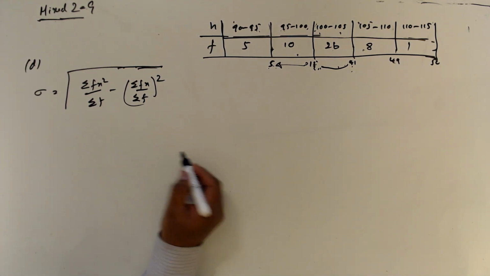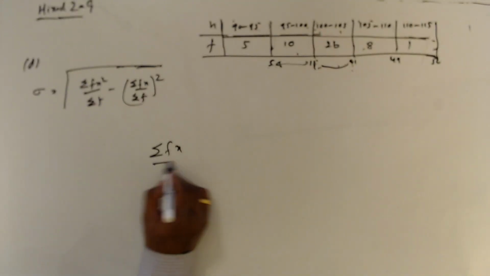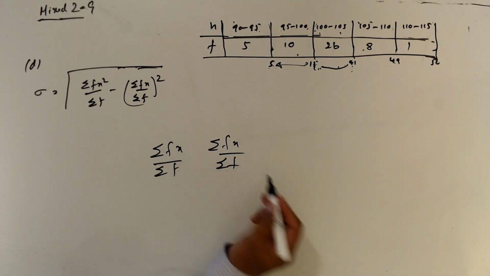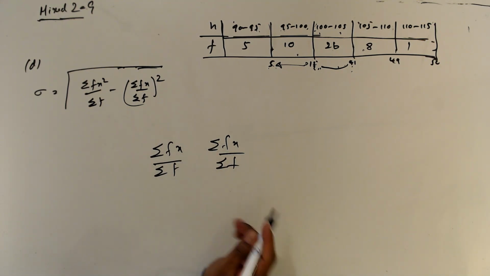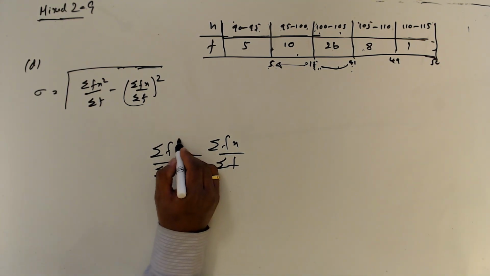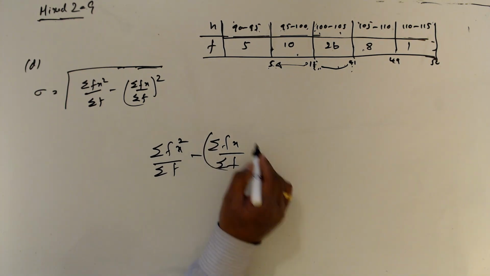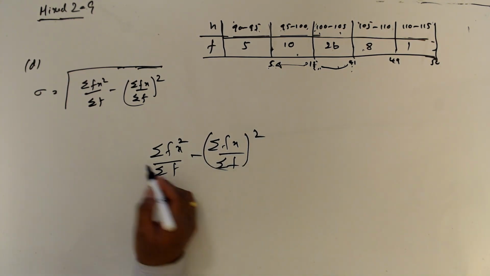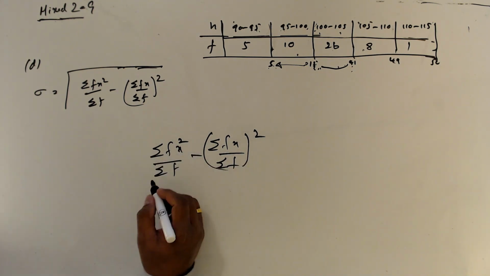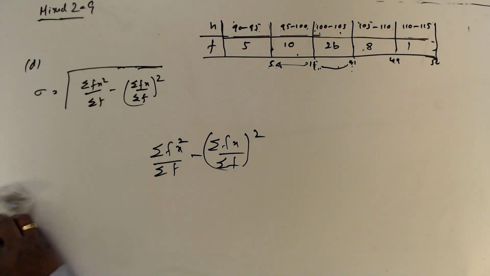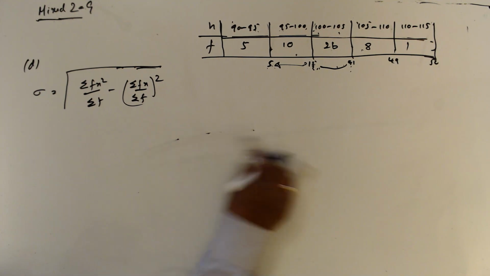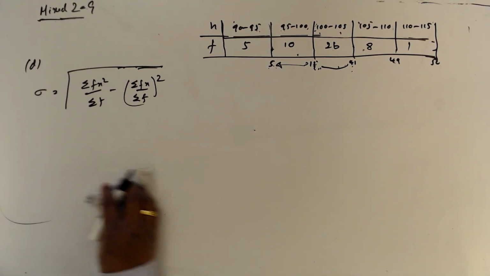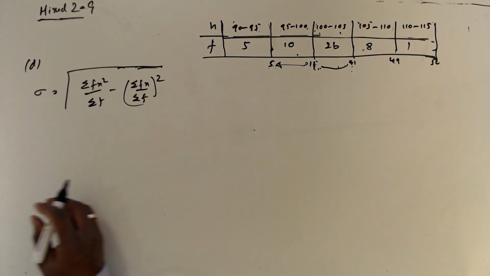First of all, sigma fx over sigma f, sigma fx over sigma f, both are the same, minus. This becomes x squared and this becomes squared. So this is the variance. If it is standard deviation, you have to take the square root. You should not wait to look at the formula sheet. It will waste time.